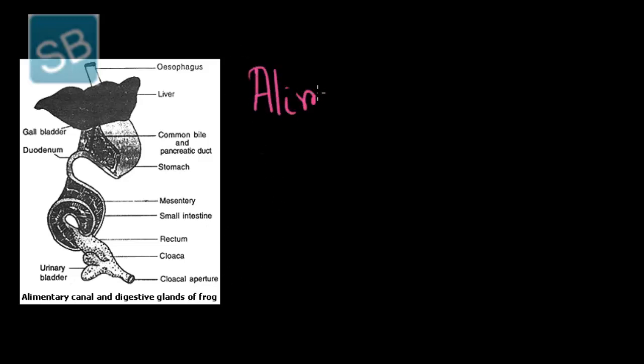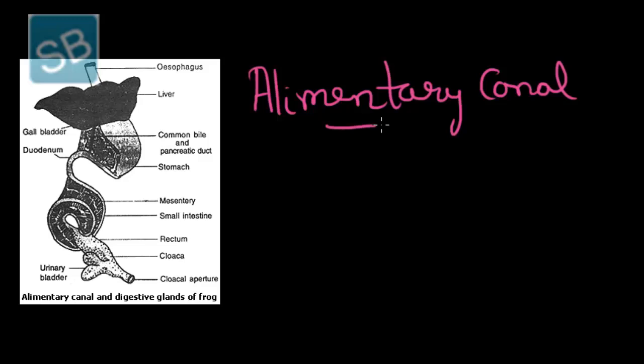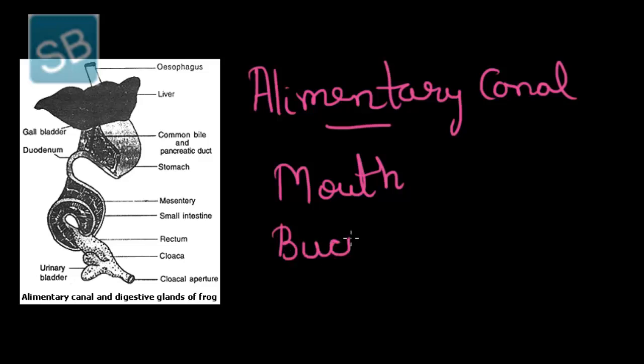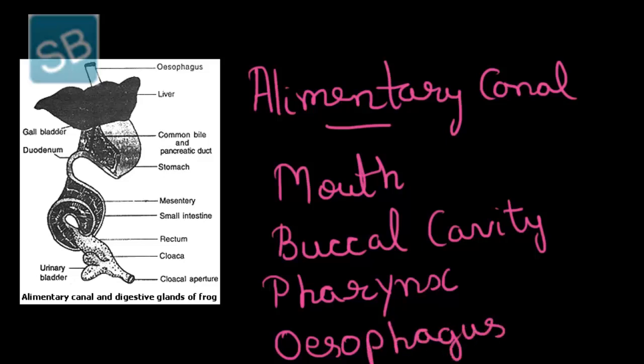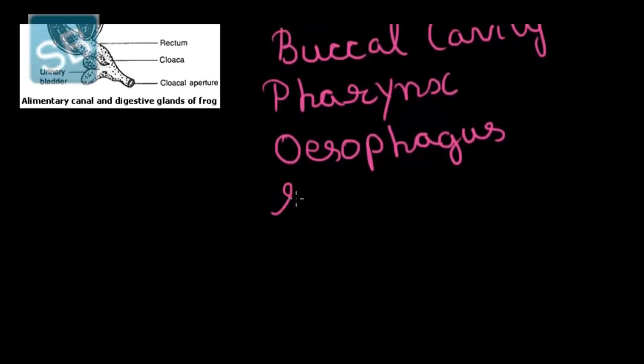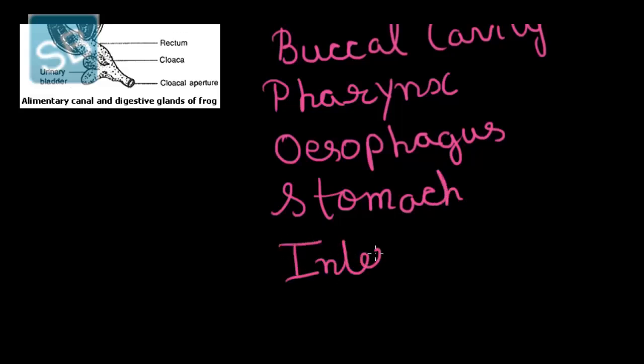The alimentary canal in frog basically includes the mouth that opens into the buccal cavity, pharynx, esophagus, stomach, intestine, rectum and cloaca.